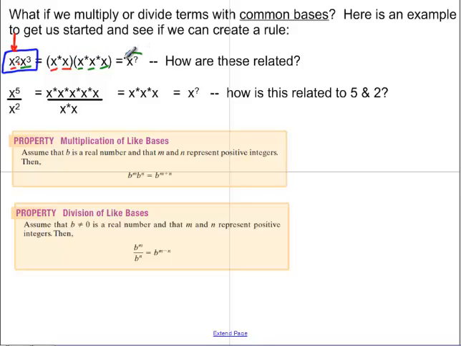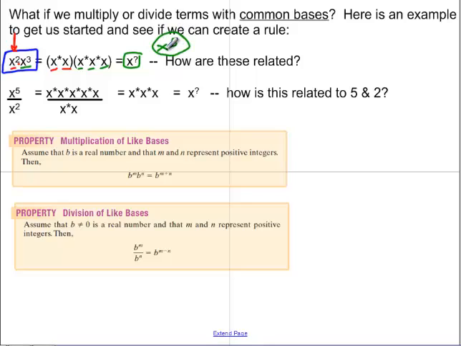So x to the question mark would be x to the 5th power. We're taking the long way around to say x squared times x cubed is x times x times x times x times x. How many are we multiplying together? 5, so x to the 5th power is our answer.